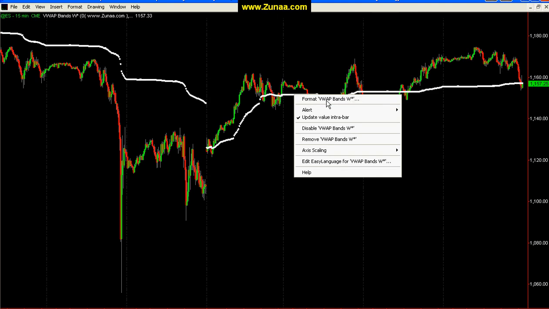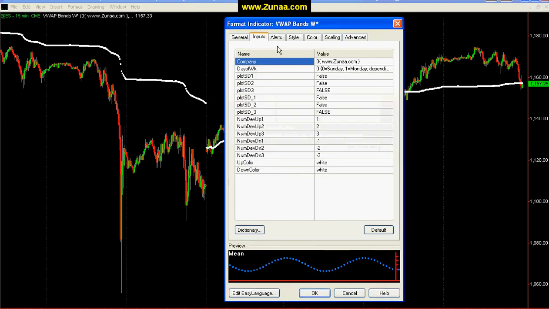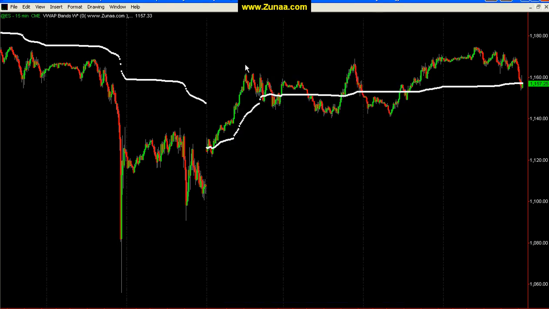With this particular setting, we have entered 0 here because we want to tell the code to consider Sundays as the beginning of each week. So that's the only difference between using regular session or cash session.